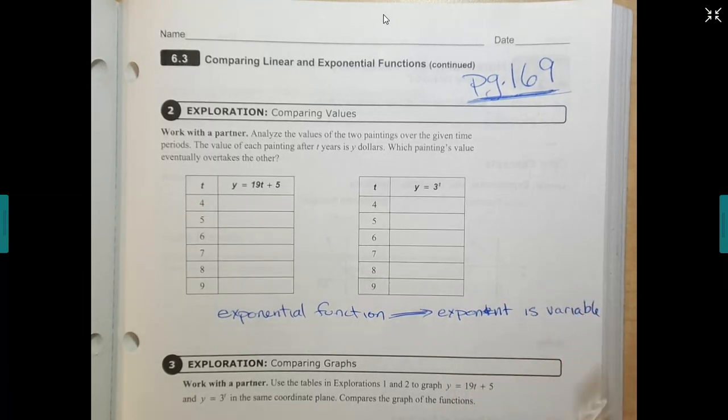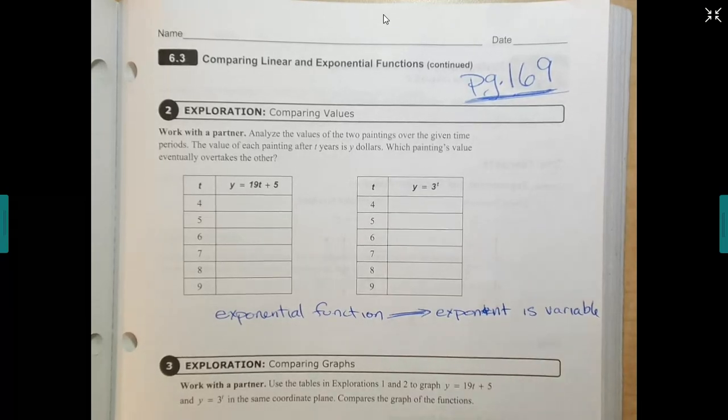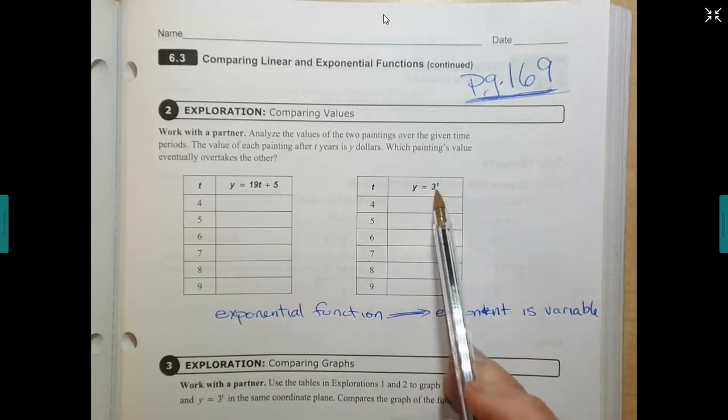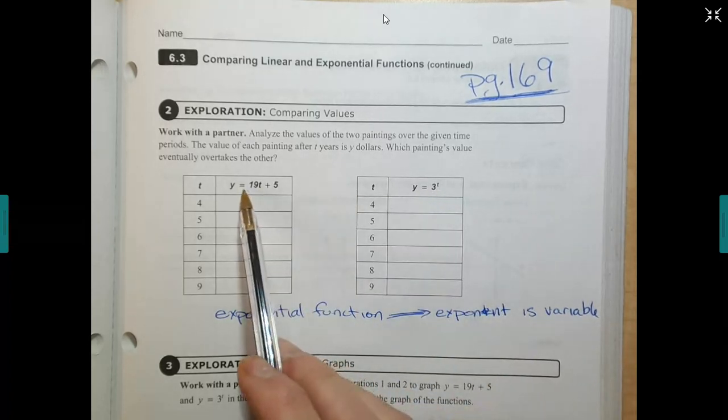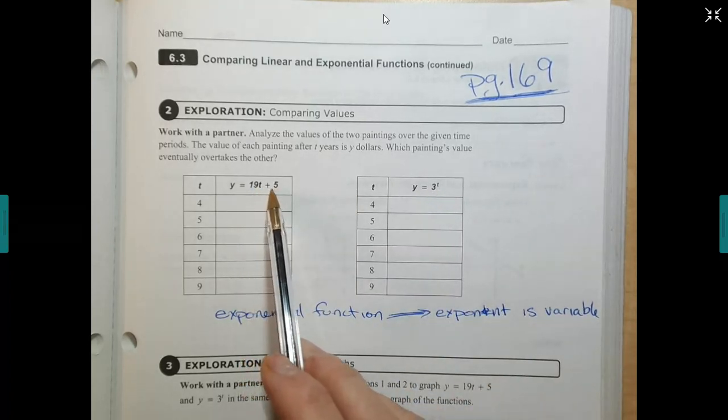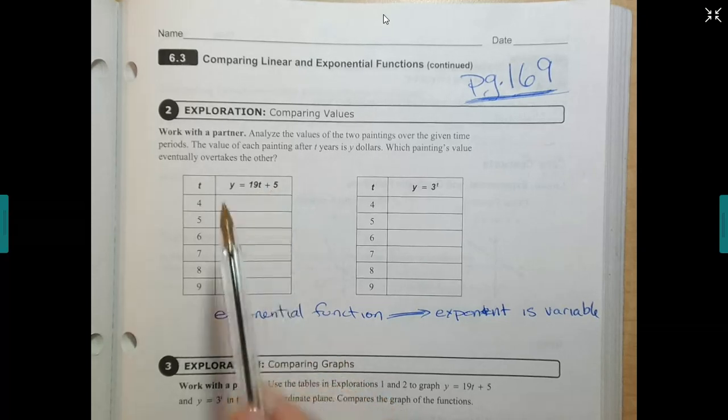If it has a variable as an exponent, it is an exponential function. So if you look right here, y equals 3^t, well, ding, ding, ding, there's the exponential function. This one right here, y equals 19t plus 5, that is a linear function.